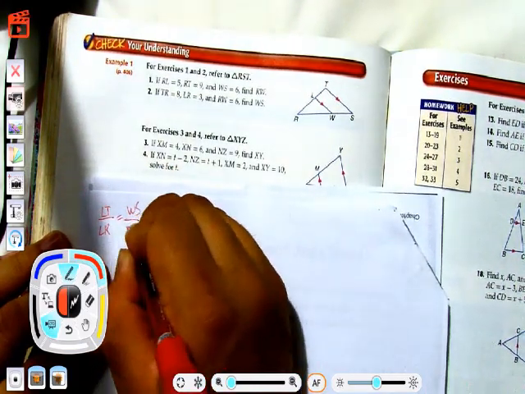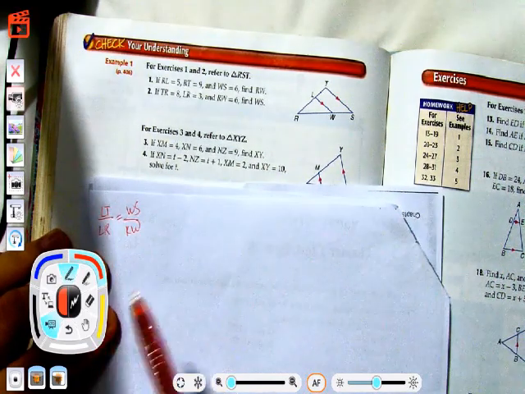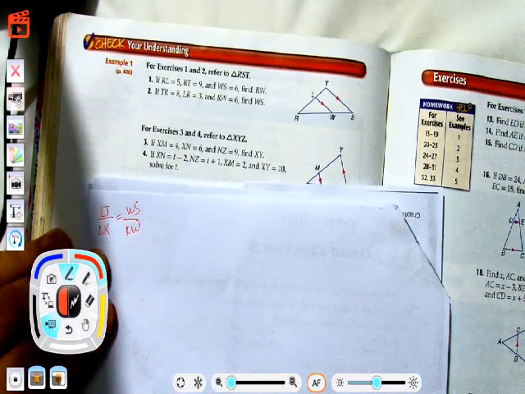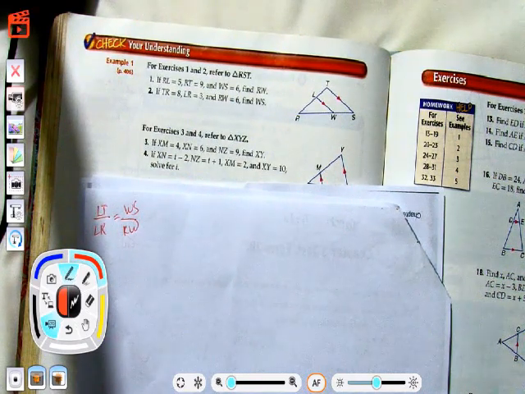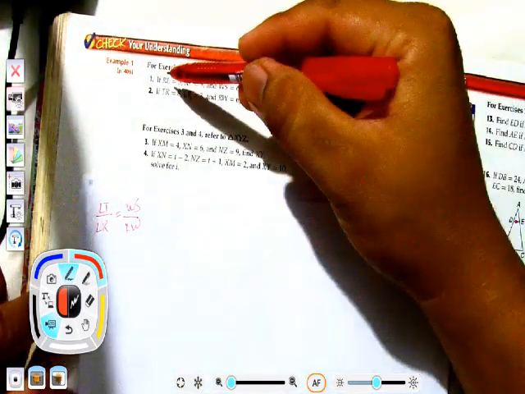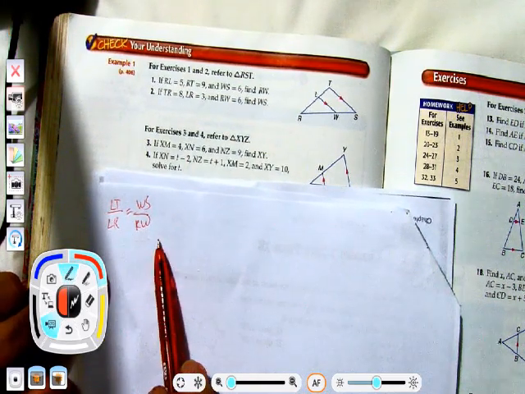It should not be an issue whether I write LT or TL, LR or RL. It's the same. WS or SW, they're the same. RW or WR, they're the same. So for these two problems, you'll be using this proportionality statement.